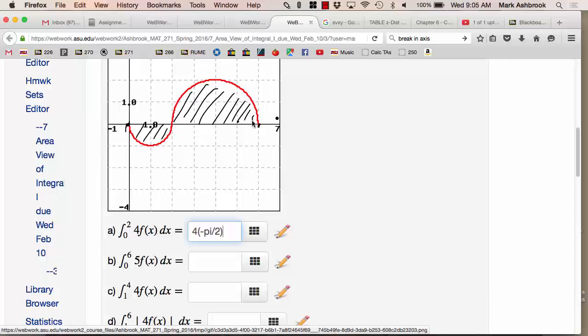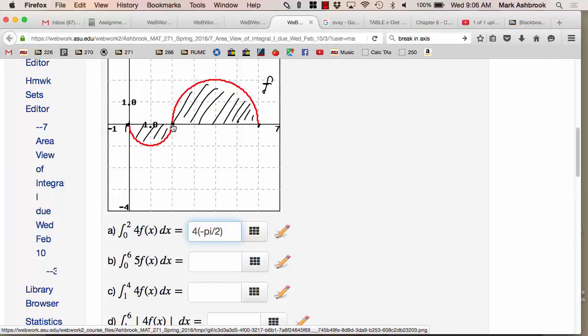And if we think back to our rate of change perspective, if this is our rate of change function f, then what's going to happen to the quantity as x goes from 0 to 2? The total amount of the quantity will change how? As x is moving from 0 to 2, the change in the quantity will be negative. The amount of the quantity will go down.